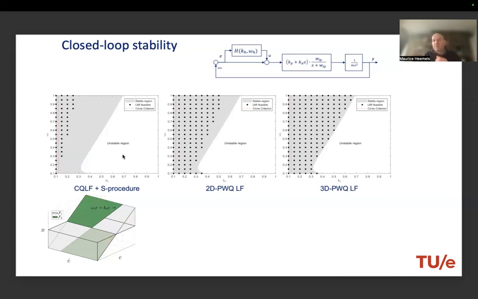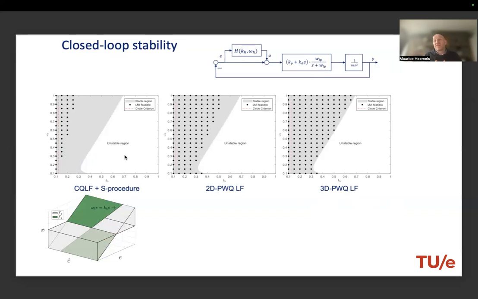Right, so just a local partitioning, let's say, of a two-dimensional subspace of the controller. So then we already get very close to the boundary. And if you do a 3D piecewise quadratic Lyapunov function, where you also use the e dot direction, where we use a very fine partition, you see we can fill the whole region up to the boundary.